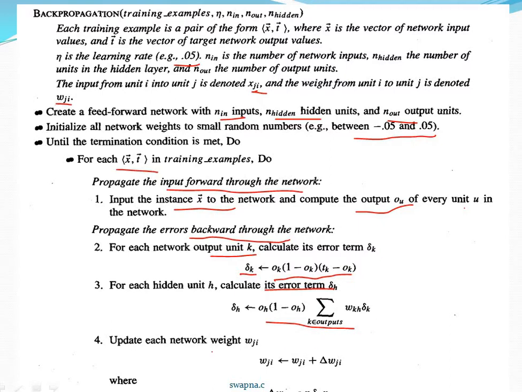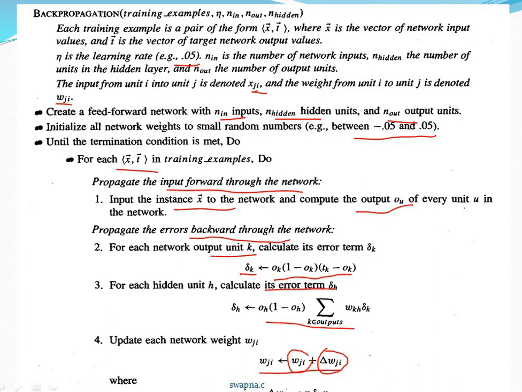Next layer, output layer. After this, every time we need to update the weights. How are we updating the weights? By this formula. This is the previous weight, and whatever change value you want to update is delta WJI. And how do we find delta WJI?